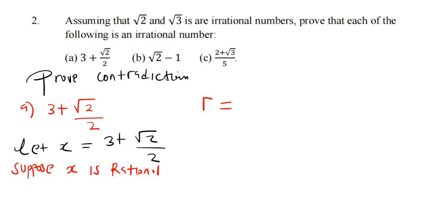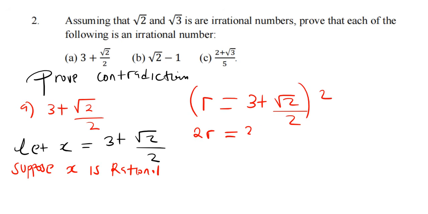Because we're saying it's a rational number, it can be any real number that we can have after we solve that equation. This would be 3 plus root 2 over 2. What I'm now going to do is multiply throughout by 2. I'm going to have 2r equals 3 plus 2 root 2.